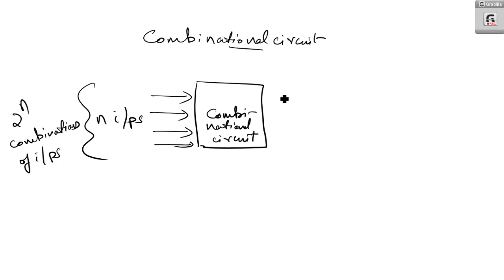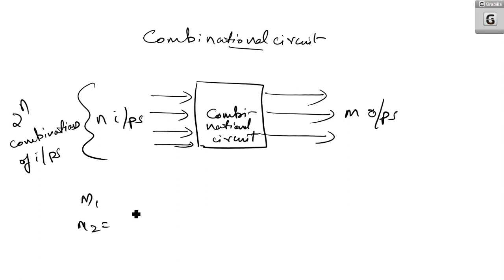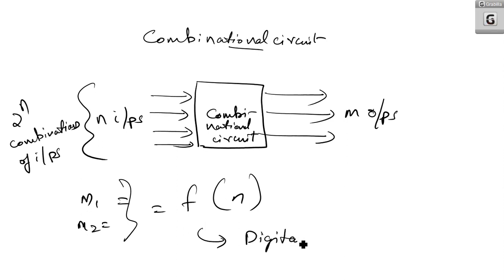And you can have m outputs, m1, m2, etc. Each output you can write as a function of n inputs, that function being in a digital or Boolean function format.